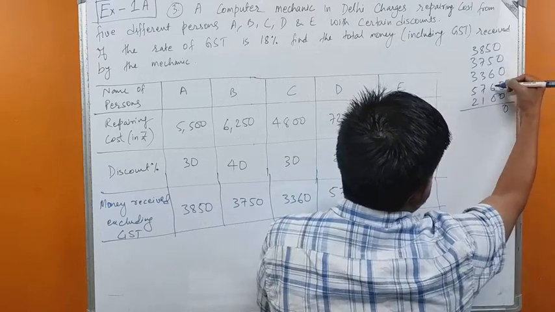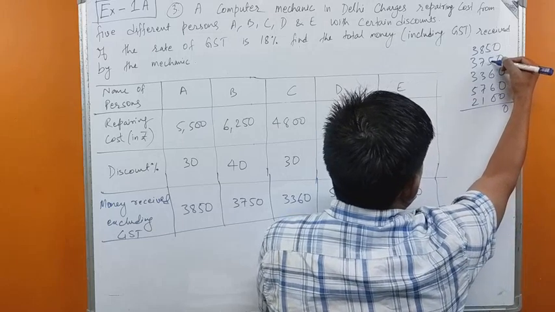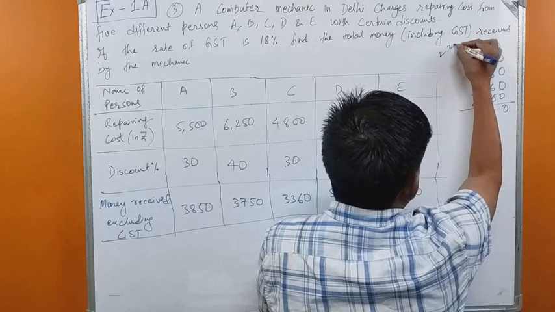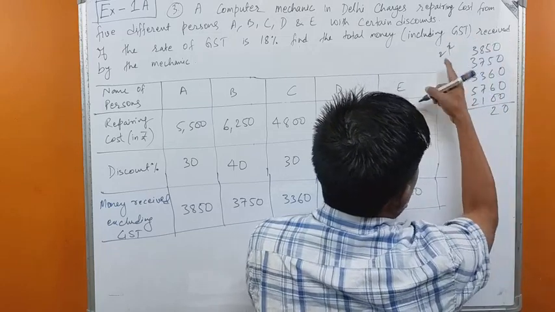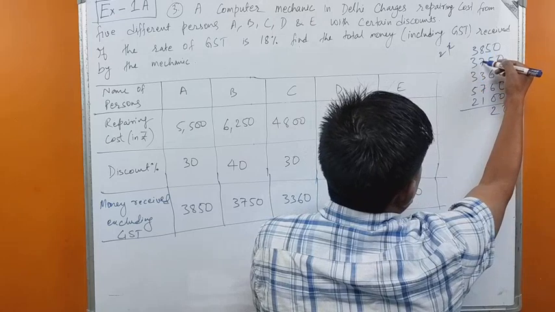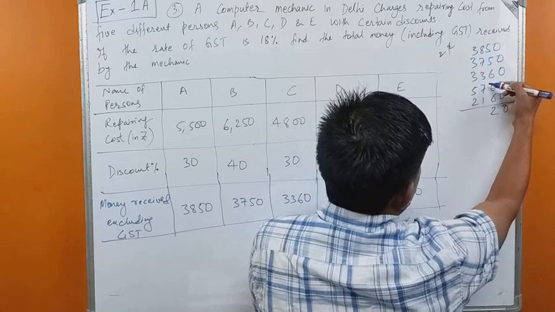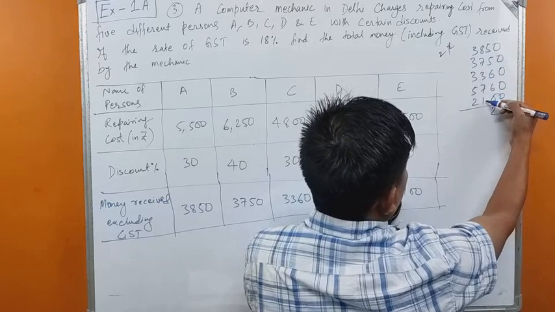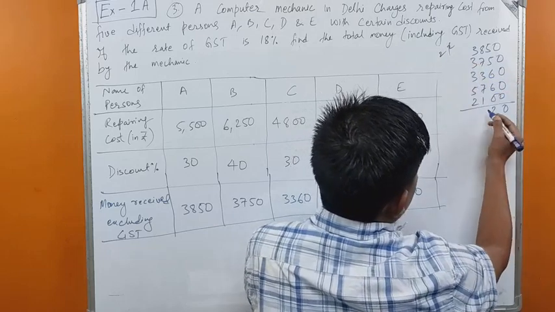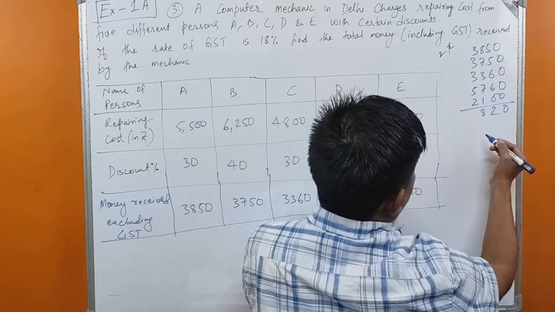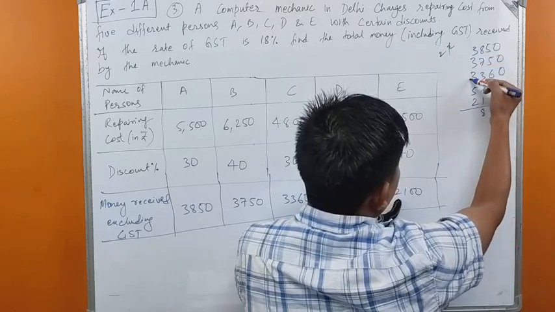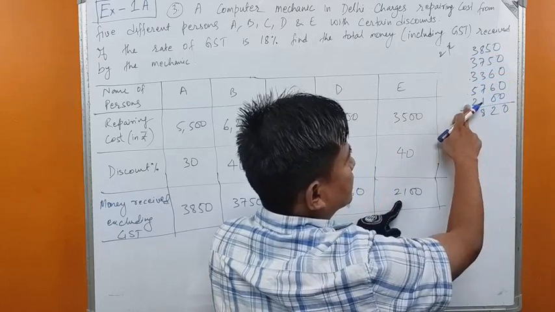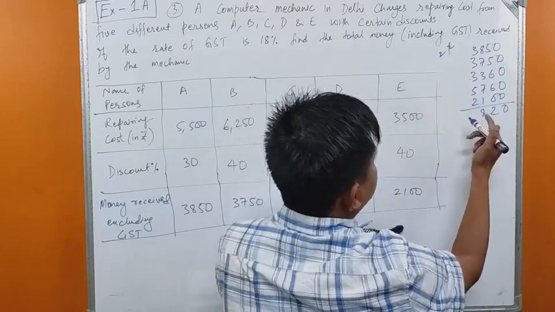0000. 6 plus 6 12, 12 plus 5 17, 17 plus 5 22. 22 means 2, 2 in hand. 8 plus 7 15, 15 plus 7 22, 22 plus 3 is 25. 25 plus 1 26, plus 2 is 28. 8, 2 in hand. 3 3s are 9. 9 plus 5 14. 14 plus 2 16. 16 plus 2 18.